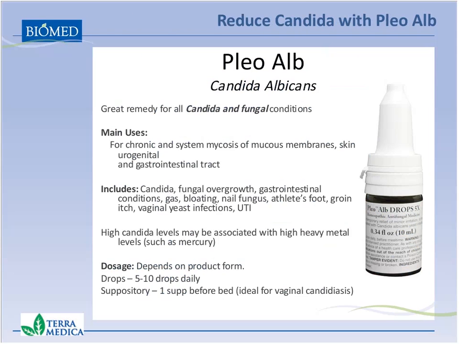Okay, so I'm just going to go quickly through some of the remedies here. So Pleo alb contains Candida albicans, and Candida albicans has 81 different species under the Candida albicans umbrella.